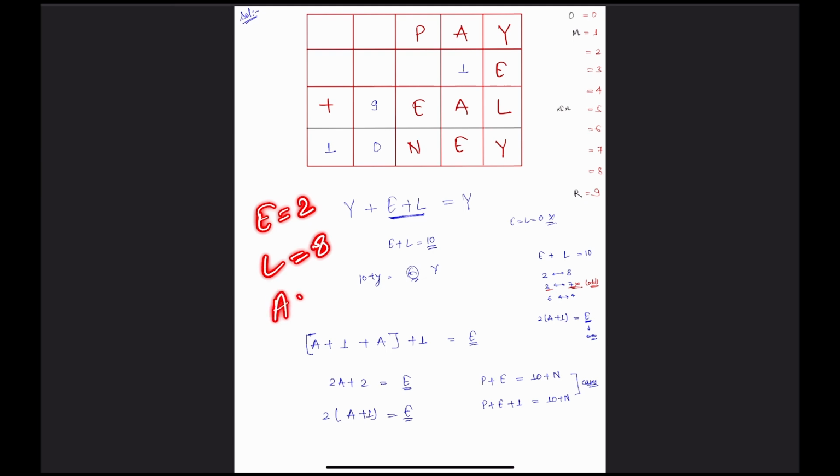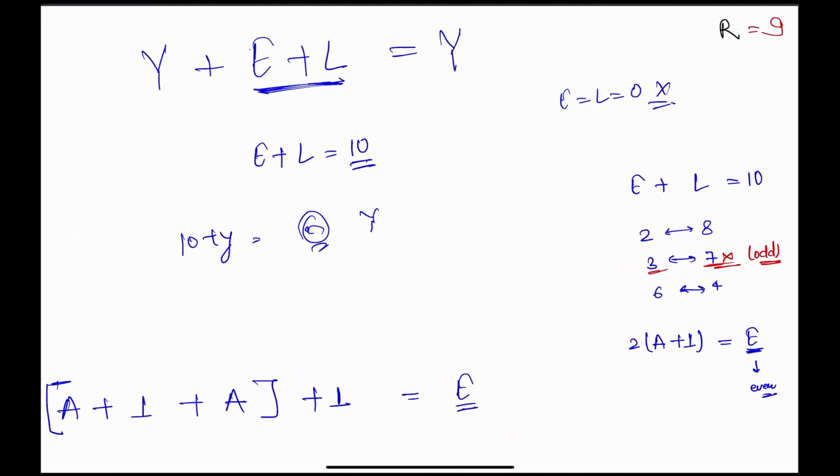Then A will be 0, right? Because if E is 2, equal to 2 into A plus 1, so A plus 1 equal to 1, A equal to 0, which is not possible. So E cannot be 2.